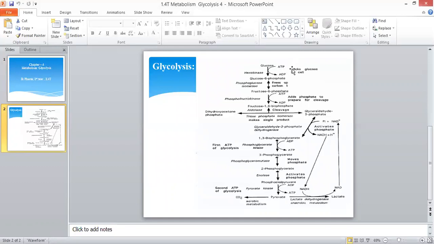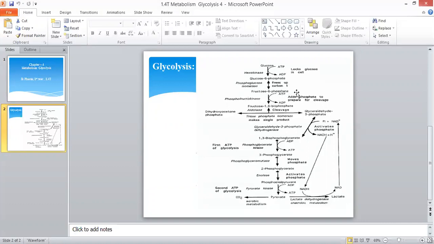The presence of magnesium ion is necessary in this step. The reaction occurs mainly in the liver and muscle. This reaction is also irreversible.